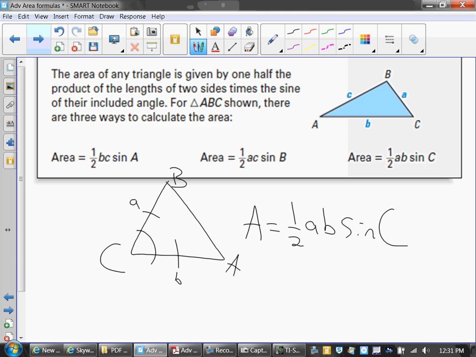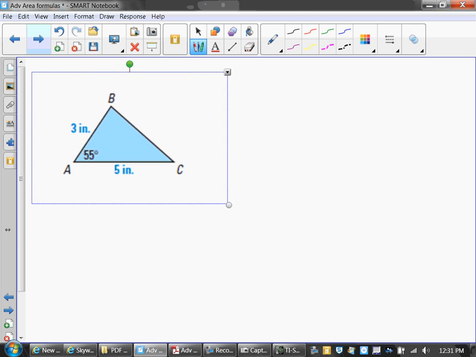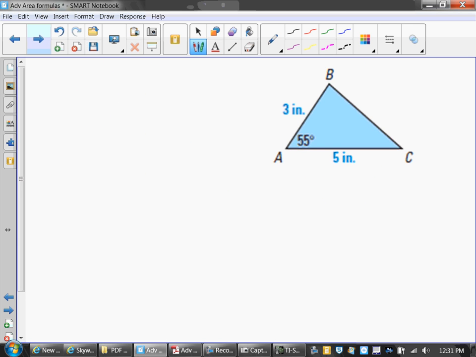Okay. So for this case, let's look at this one. The two sides I have are 3 and 5, and the included angle is 55. I don't have to solve the triangle or anything like that. I just want to find the area of that triangle. So all I have to do is take 1/2, well, take the two sides, and the sine of 55.